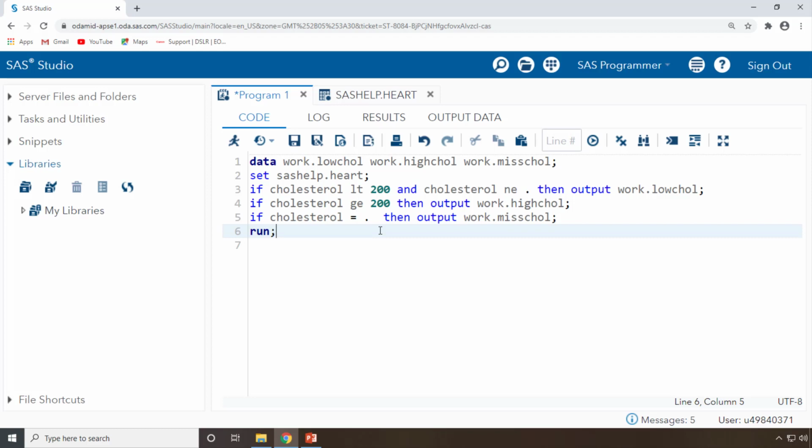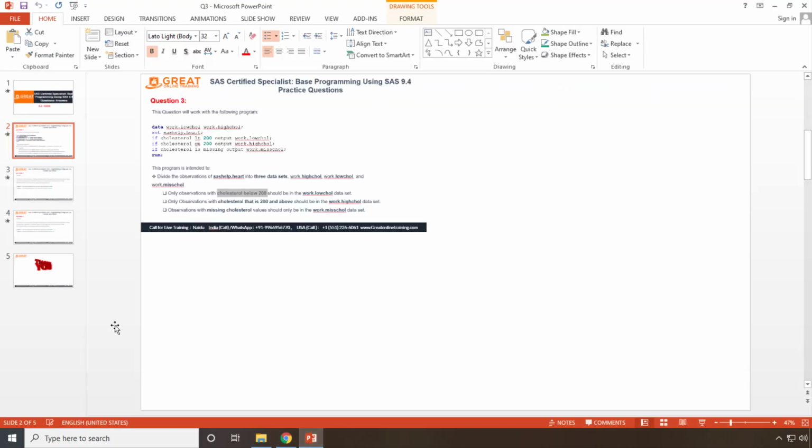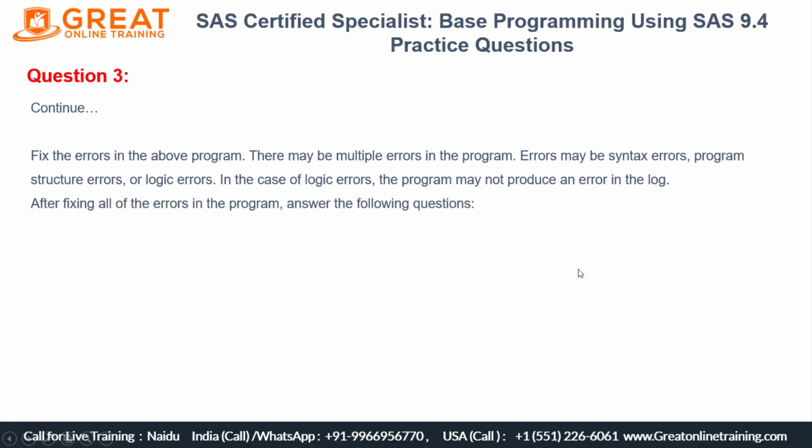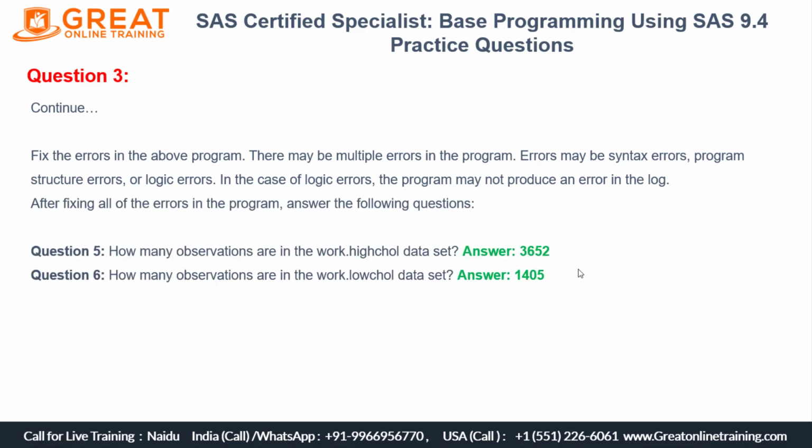So now, according to my questions, I got my perfect answers, matching my PowerPoint presentation. This is my 3652 records for high cholesterol, and 1405 records for low cholesterol. That's all about this particular question.